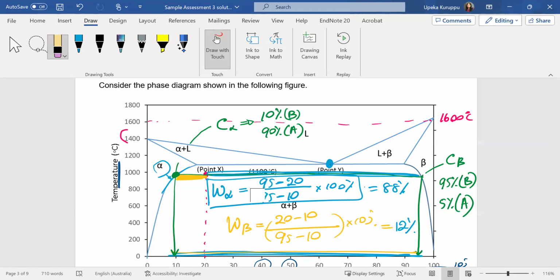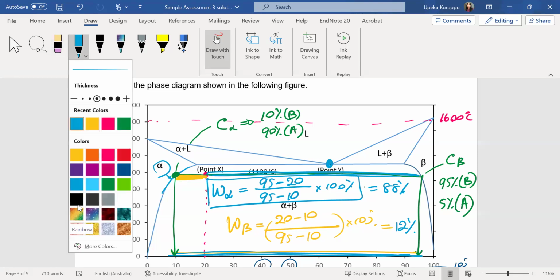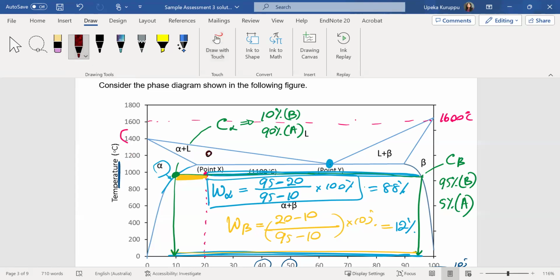They were referring to point X. Can you tell me this as well, to know whether you have understood this correctly? If they were referring to a point somewhere here and they ask the same questions, what are the phases that you have here? Alpha and liquid, isn't it?